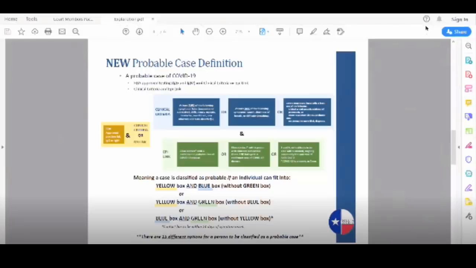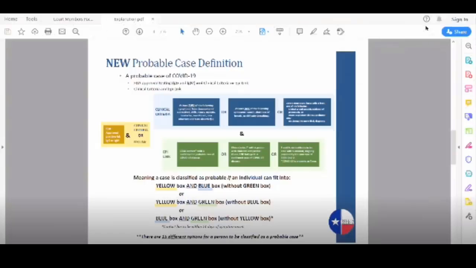If you have a subjective fever and a headache and you live in Collin County, you now meet the qualifications to be a probable COVID patient. It is remarkable how low the standard is now. If you have one of the major symptoms, a cough or shortness of breath, and you live in Collin County, then you can satisfy the definition for a probable COVID case.